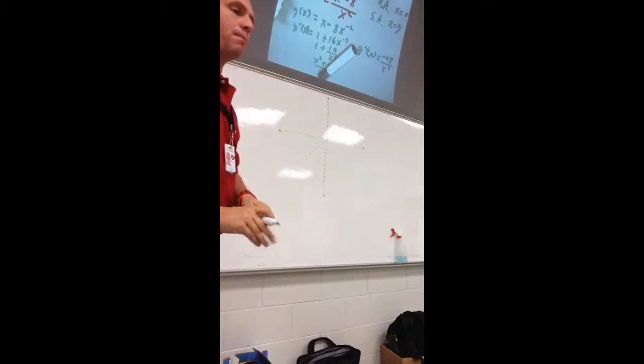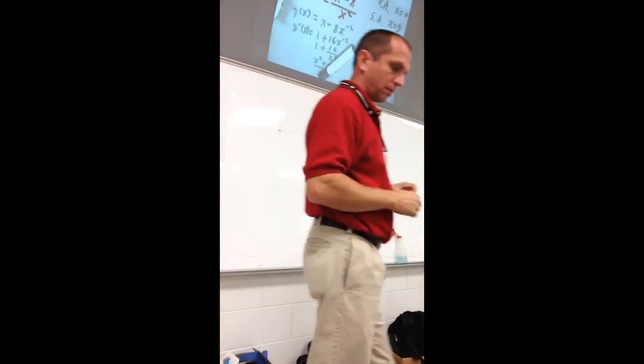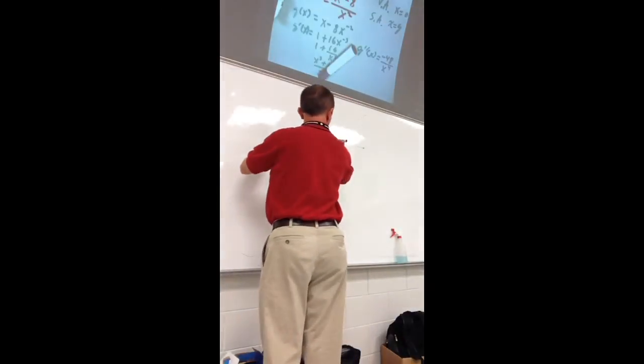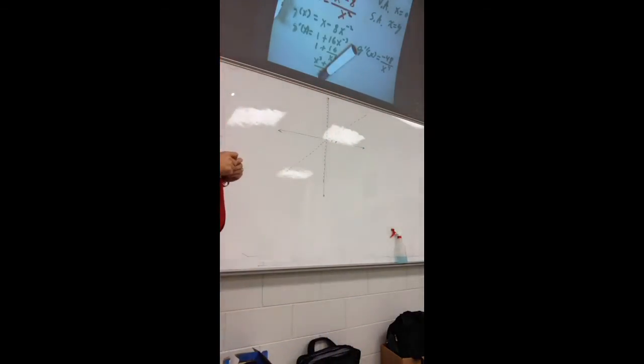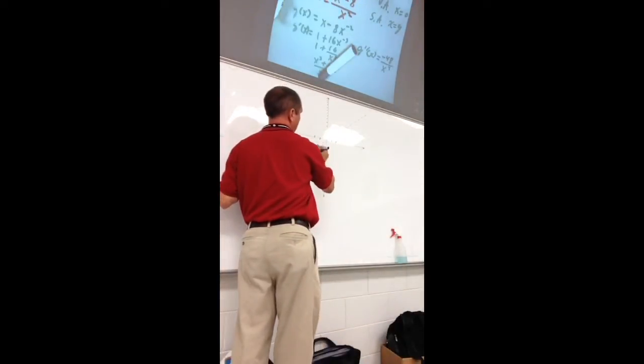All right, now, what are my points? I've got the point 2, 0. I don't have 0, 0. And then down 3 point something? Yeah. So that's going to put me right below the asymptote in there.